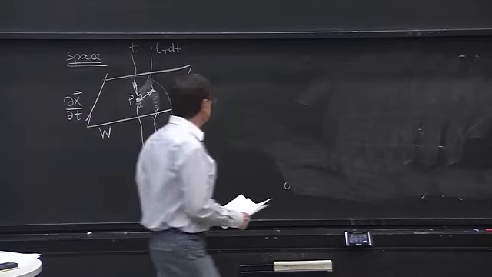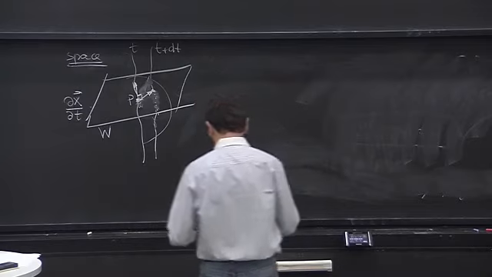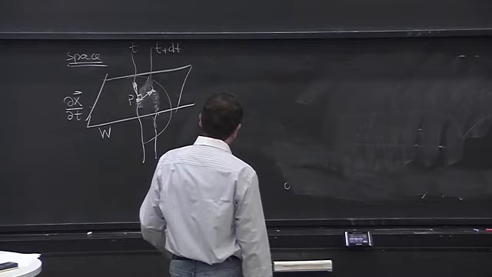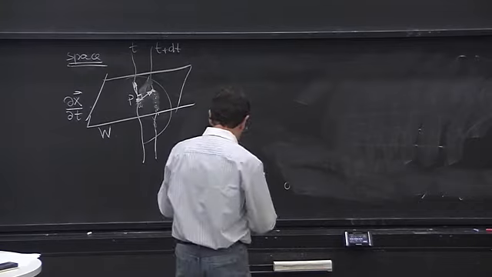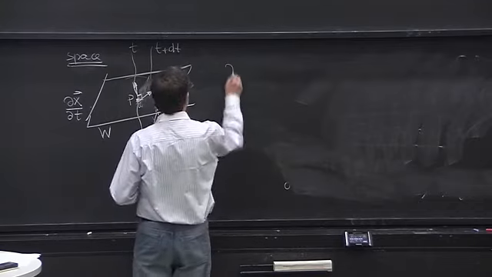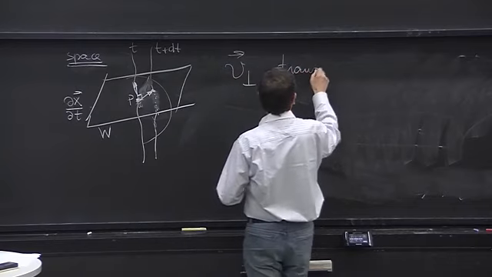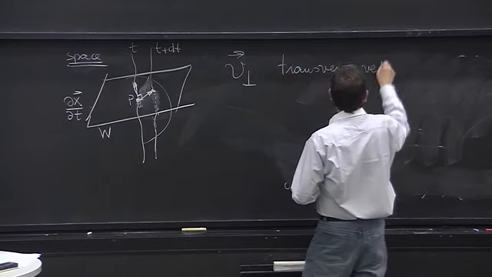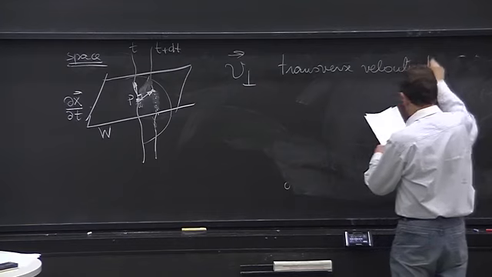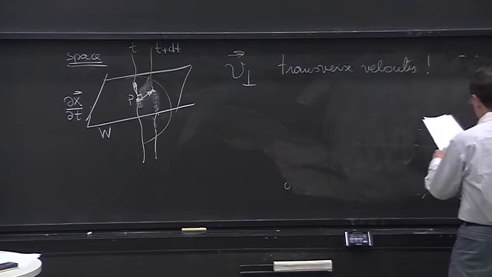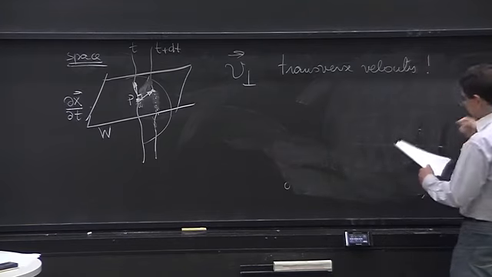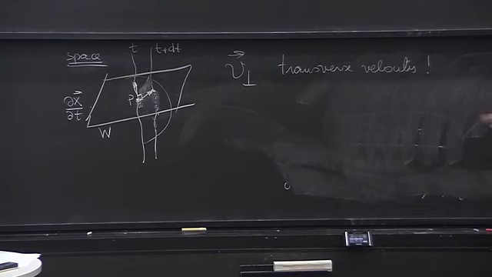So how do you calculate this? This is called V perp, the transverse velocity. It's a very fundamental concept. It's this idea that you assume that the point moves perpendicular to the string at that point.